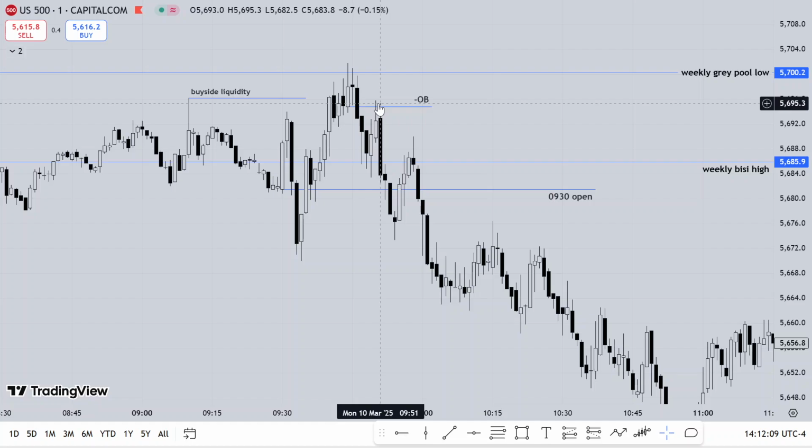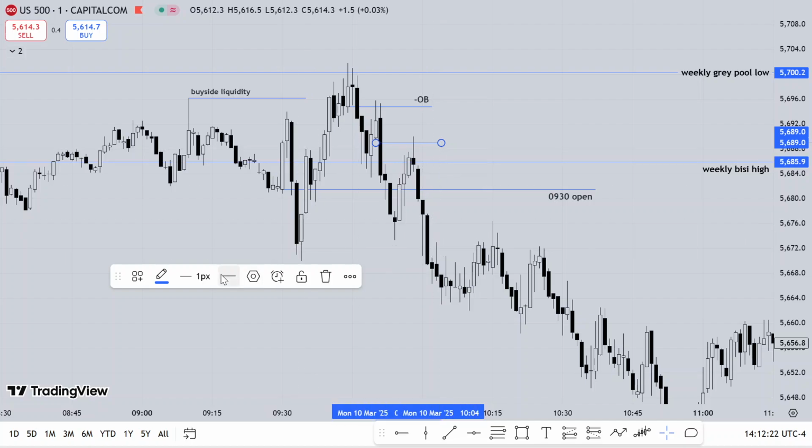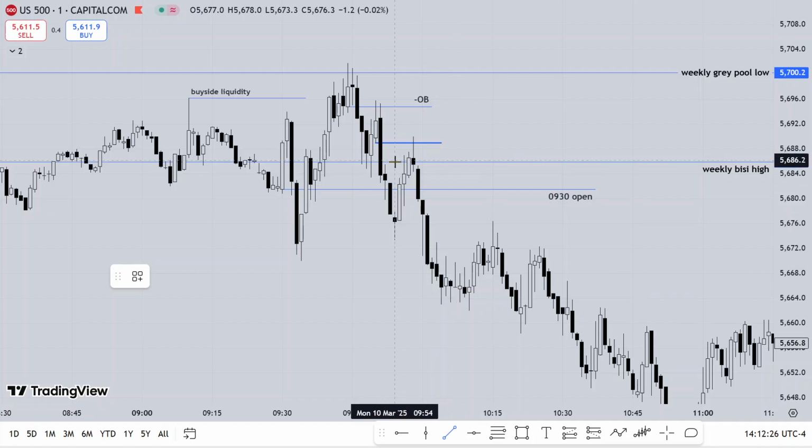Price rallied to the bearish order block, and then we had one more drop lower. Then price left this imbalance here. So we're watching this imbalance. That is the high of the imbalance, and this is the low of the imbalance.